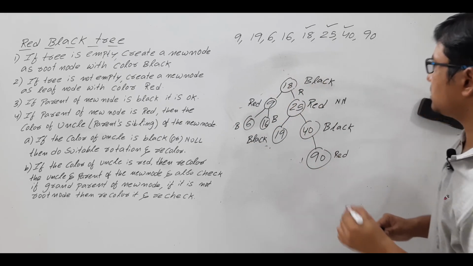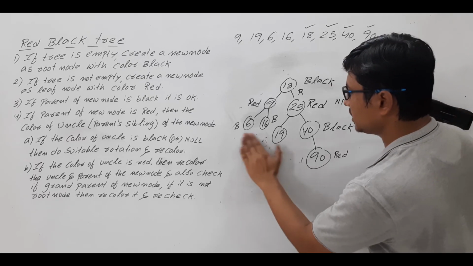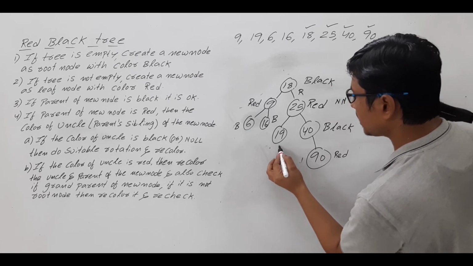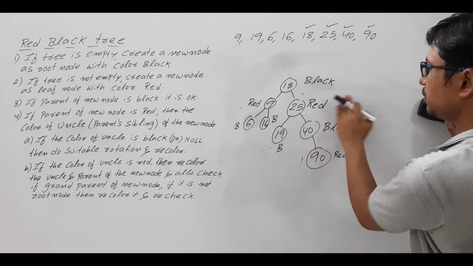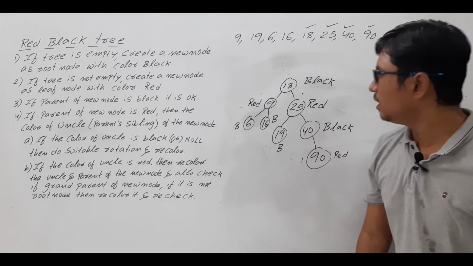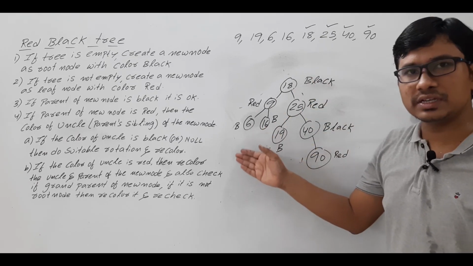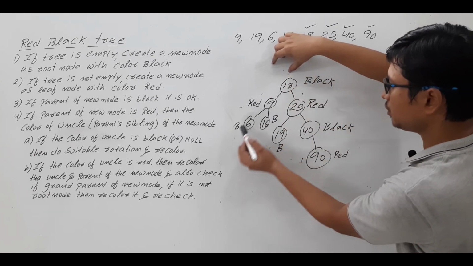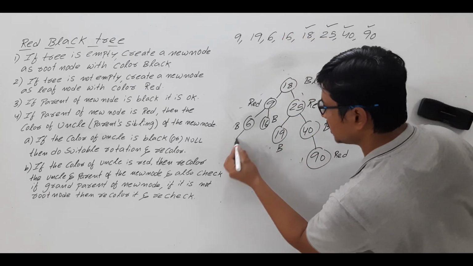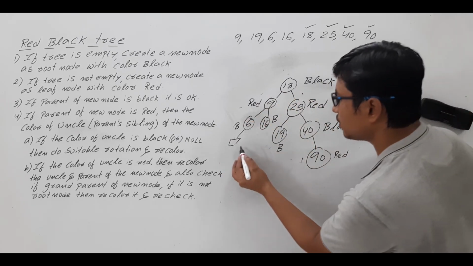So after inserting 90, we got this one. If you want, you can cross check whether it is a red black tree or not. Okay, let me remove this one so you can write this final answer. Now if you want to cross check how many black nodes are there for each traversal, you can check from the root node. If you go to this null node, 1, 2, two black nodes are there.